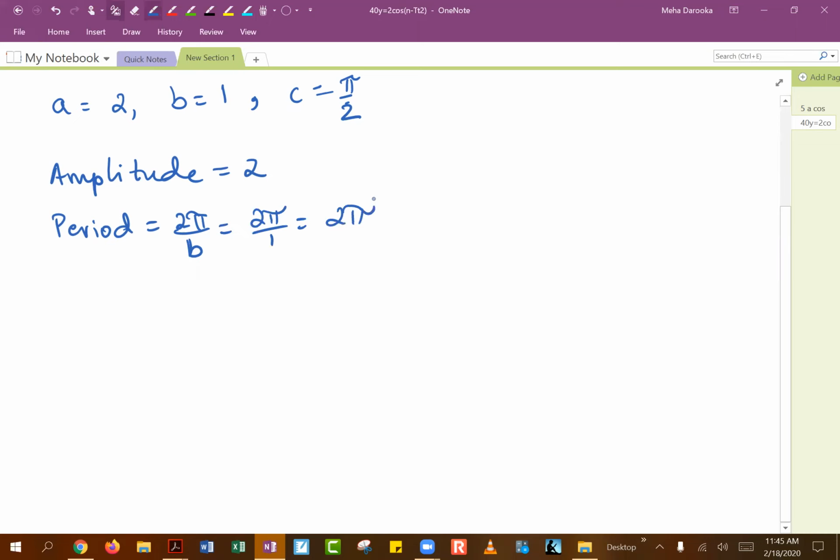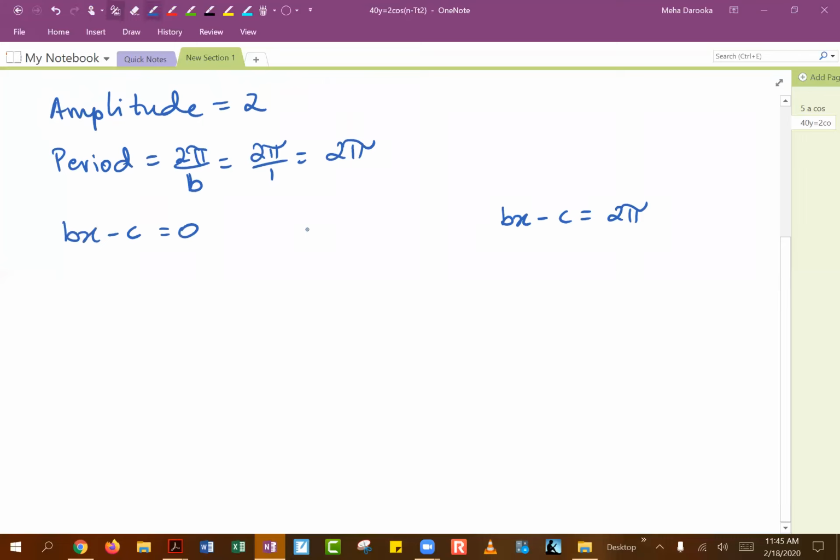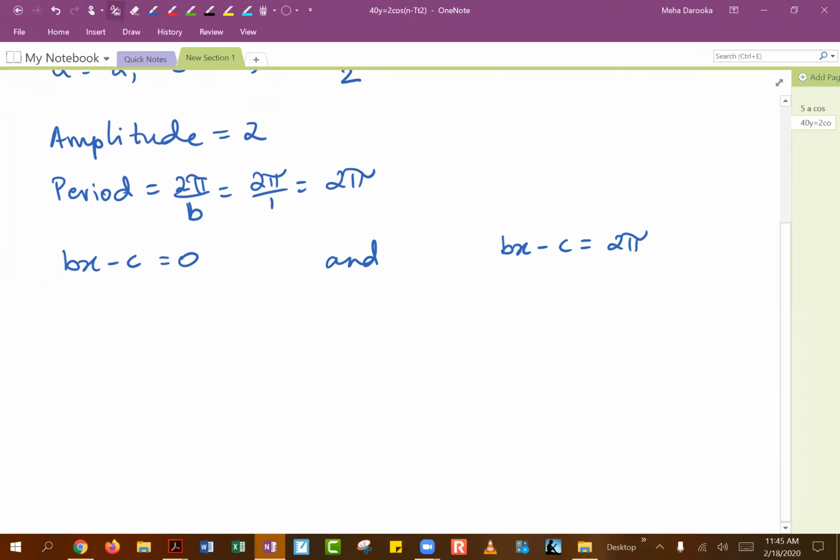Okay, and then let's solve those equations. Remember, you take bx minus c and set it equal to 0, and you take bx minus c equal to 2 pi. For us, b is 1, and c is pi halves.